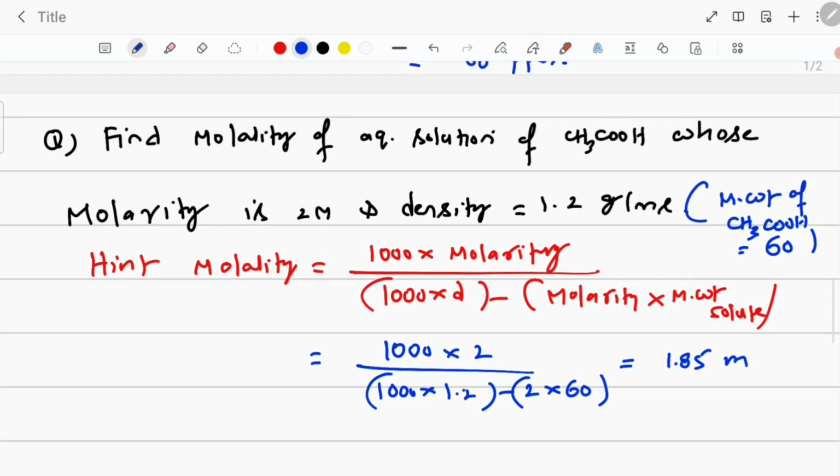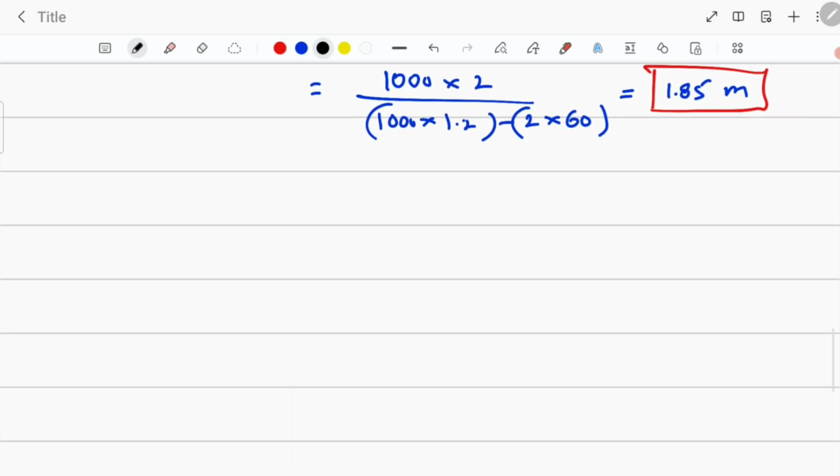Small m, that is the molality notation. 1.85 molal. See this step, the interconversion, it is an important question model.